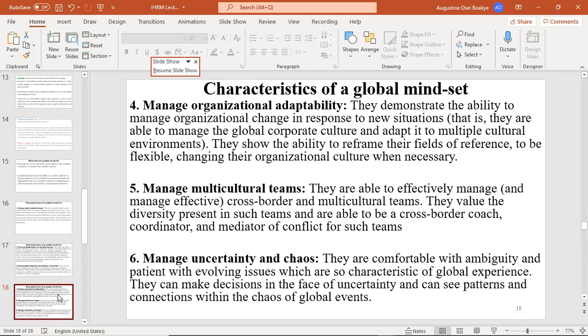The fourth characteristic is that they also manage organizational adaptability. They demonstrate the ability to manage organizational change and respond to new situations.